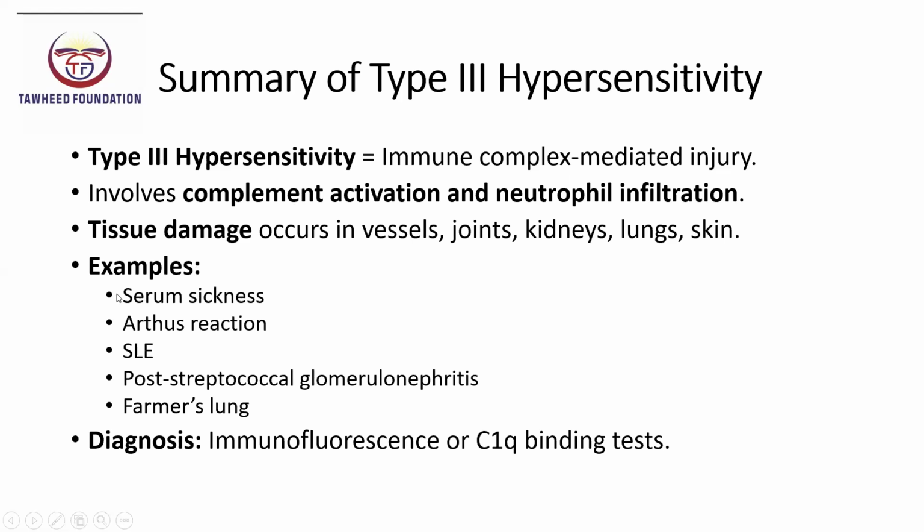Clinical examples include serum sickness, Arthus reaction, SLE, post-streptococcal glomerulonephritis, and farmer's lung. Diagnosis relies on immunofluorescence and C1q binding assays. Understanding this mechanism highlights how the immune system, while protective, can inadvertently cause significant tissue damage when complexes are not cleared effectively.